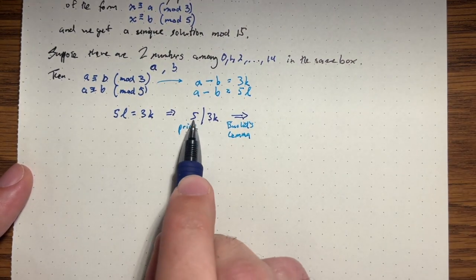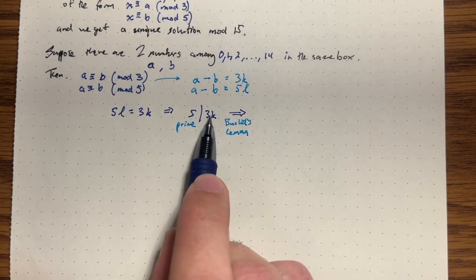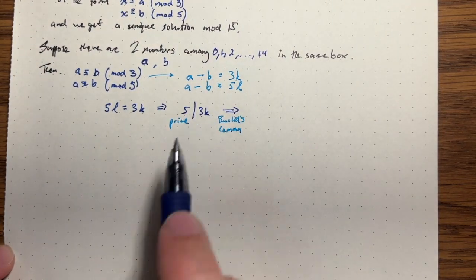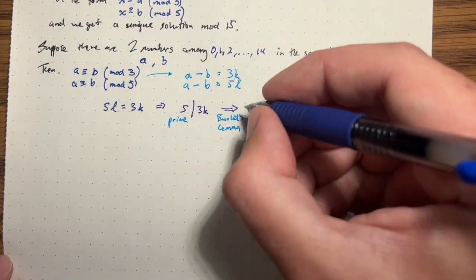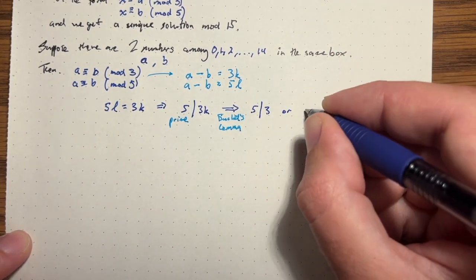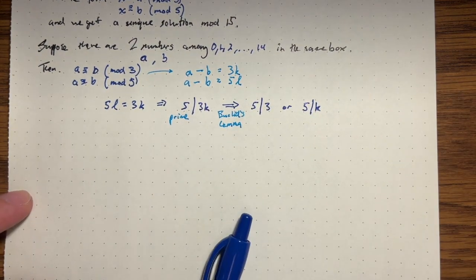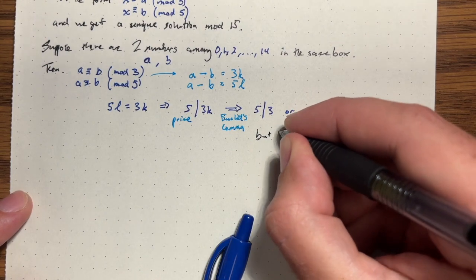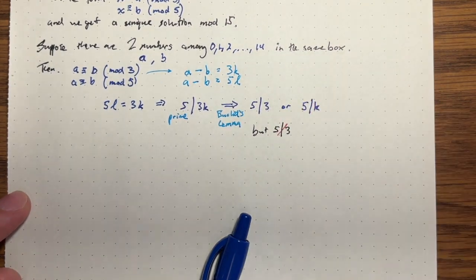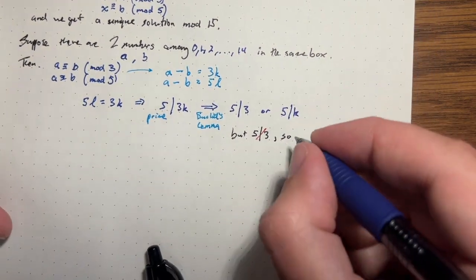Remember what Euclid's lemma says: if a prime divides a product, then that prime must completely divide one or the other factor in the product. It can't be split between both of them. So 5 is going to divide 3, or 5 divides k. And of course this one is nonsense, so 5 does not divide 3. So we conclude that 5 divides k.